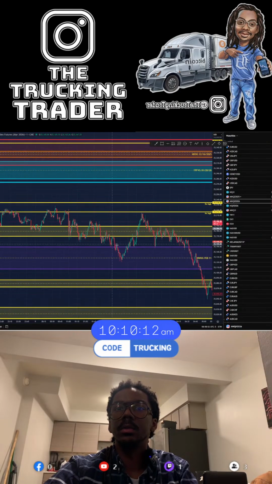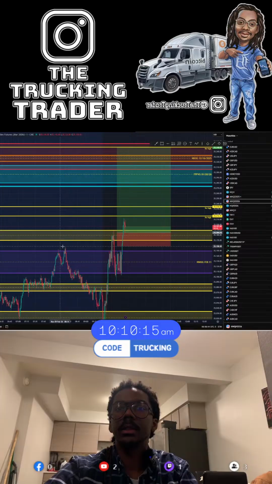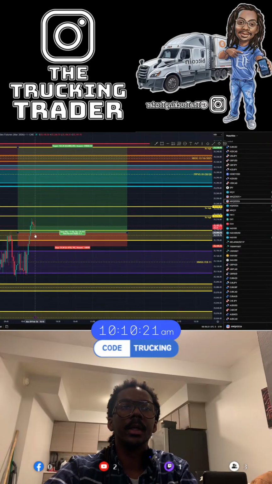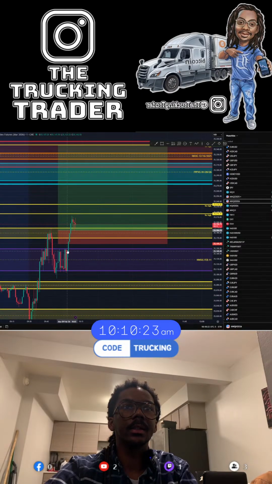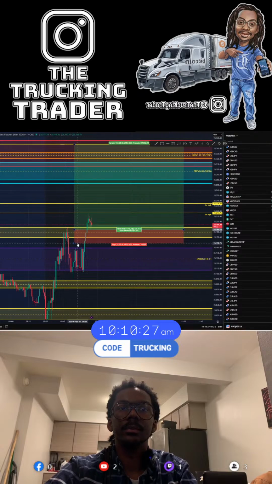So let's see, we got this new week opening gap on the chart. We broke above. It would be nice if we could at least get a retest on this new week opening gap right here.